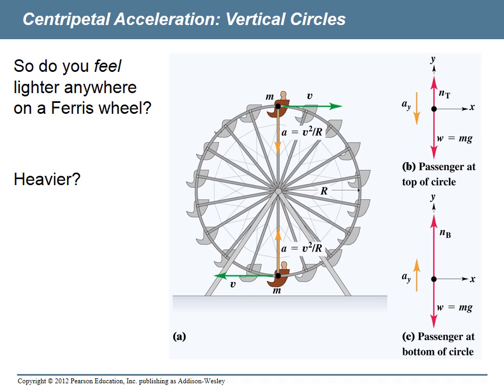Conversely, if we need an acceleration upwards of 9.8 meters per second squared, then I need this normal force to be twice my weight, right? I would need this to be equal to 2 mg. So 2 mg minus mg would give me my acceleration upwards.